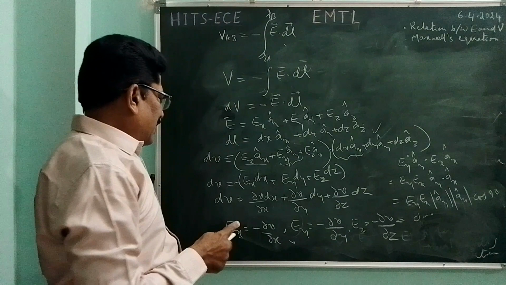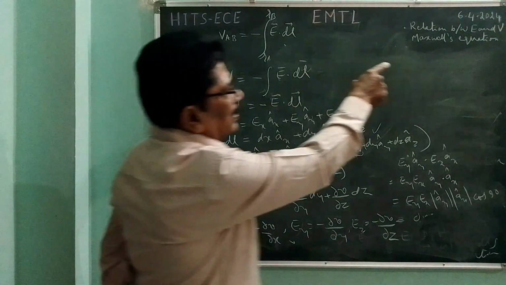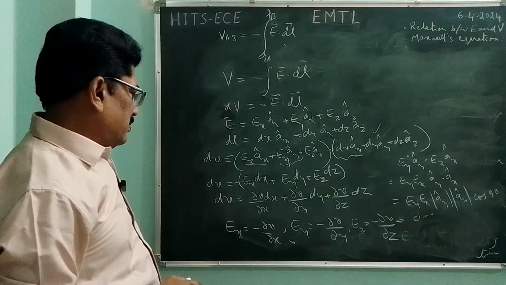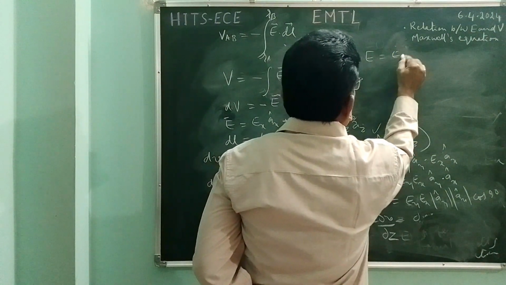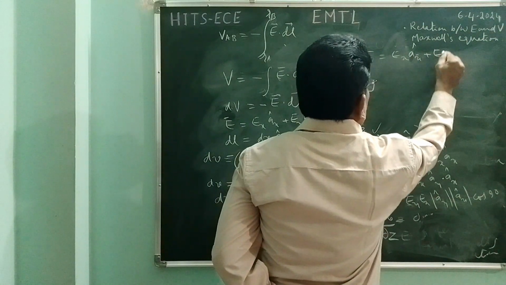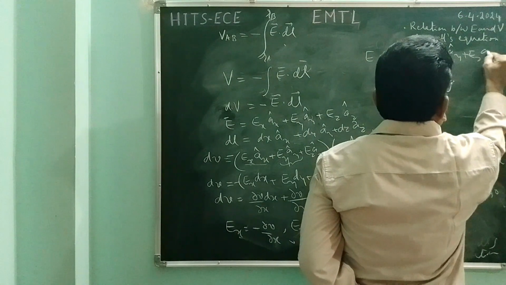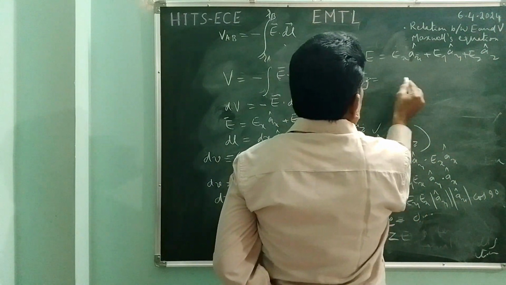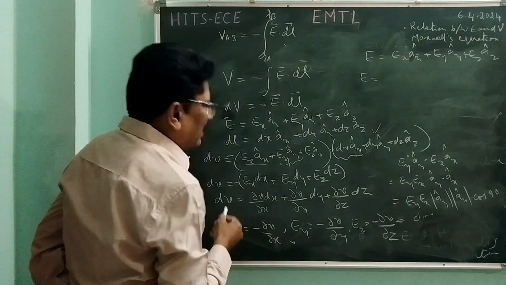Now let us find a relation between electric field and the potential difference V. We know that E is equal to Ex into Ax cap plus Ey into Ay cap plus Ez into Az cap. So E is equal to, Ex is what? Ex is minus del V by del x.